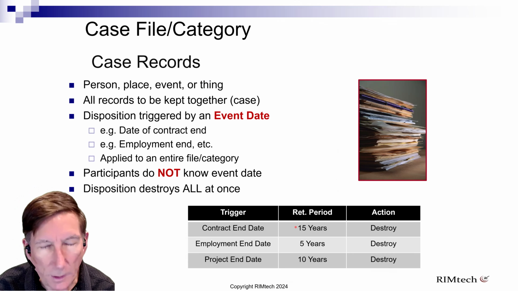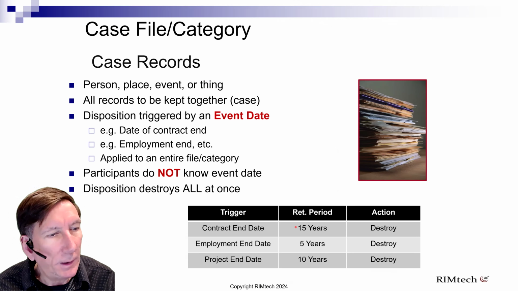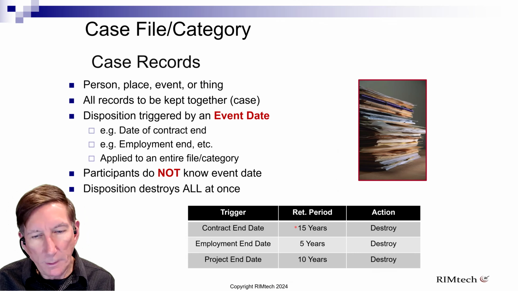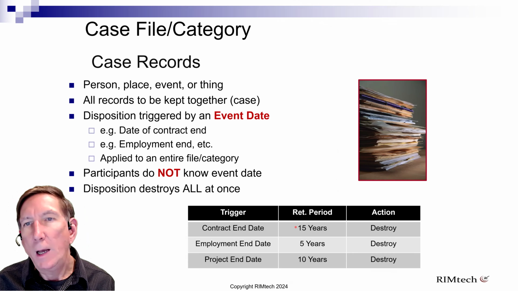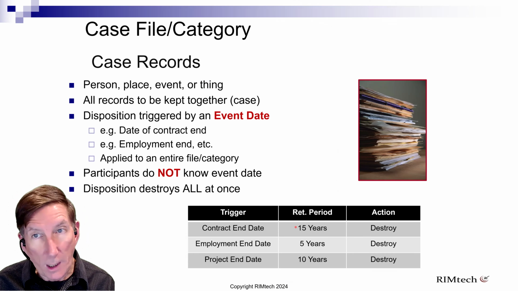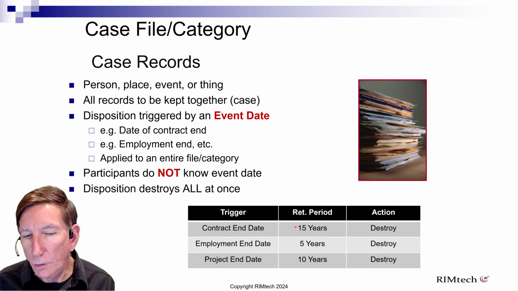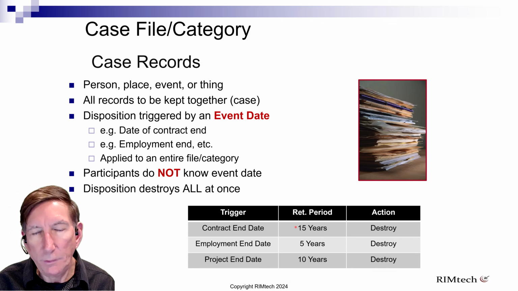For example, an audit. You might do a health and safety audit in February, and you're going to generate records related to that health and safety audit. Full stop. Comes to an end. Then in July, you might do another audit, perhaps of financial statements. That's a different audit, and the records of that second financial audit have nothing to do with the records of the first audit in February.